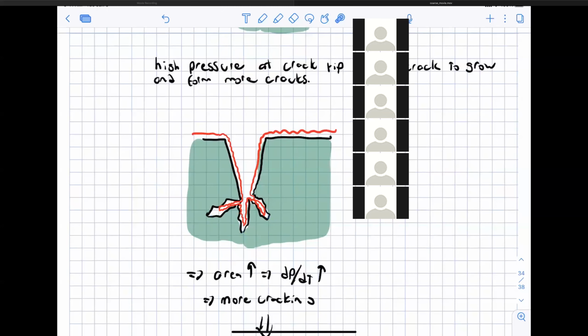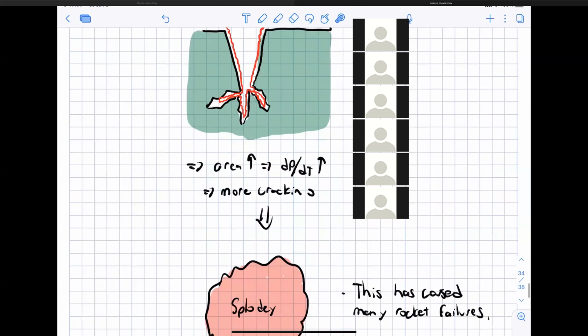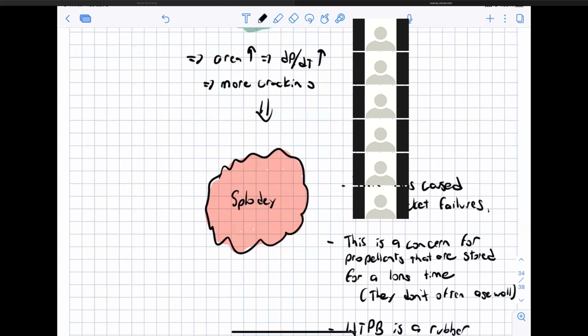They increase the surface area, which increases the rate of self-pressurization in the crack, which leads to more cracking, and then eventually it leads to the exploding of your rocket, which is obviously not desirable. This cracking phenomenon has caused many rocket failures, and as I said earlier, it is a concern for propellants like those in nuclear missiles.